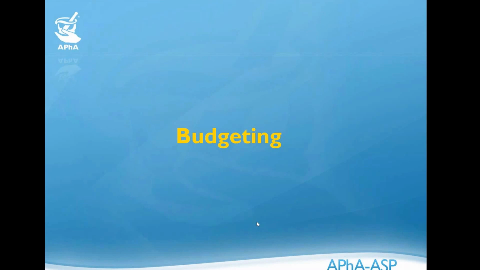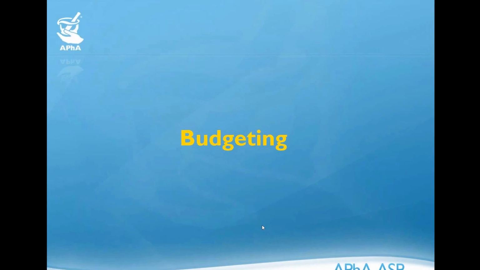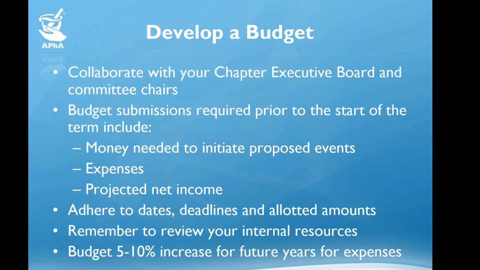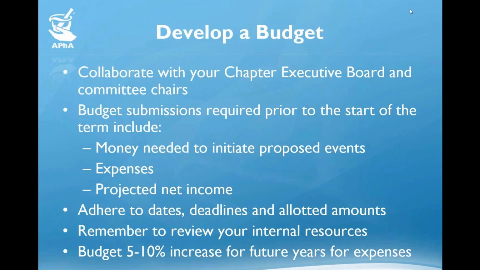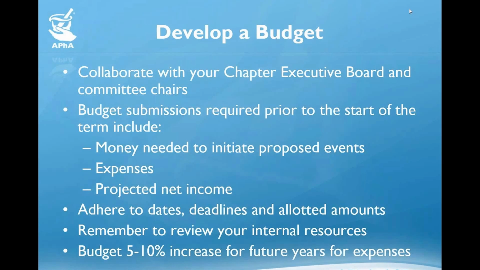And then I'm going to briefly talk about budgeting, because this is very, very important for your positions. Make sure you collaborate with your chapter executive board or executive committee and your committee chairs to develop a budget. Now, your budget for this year should already be determined.